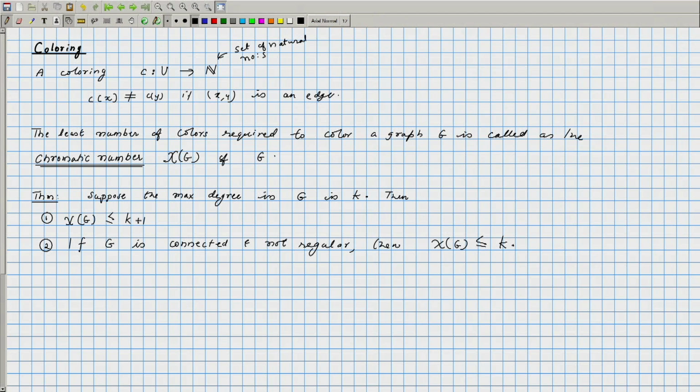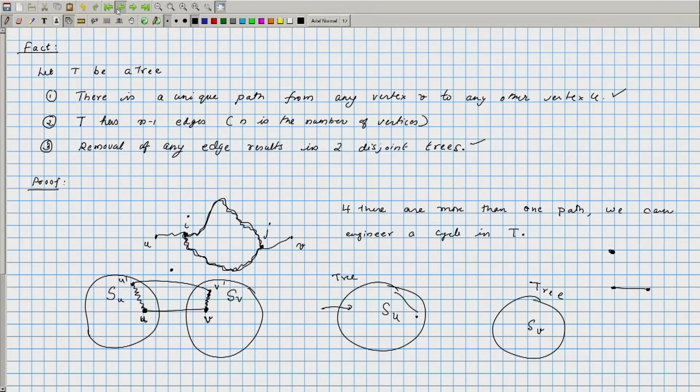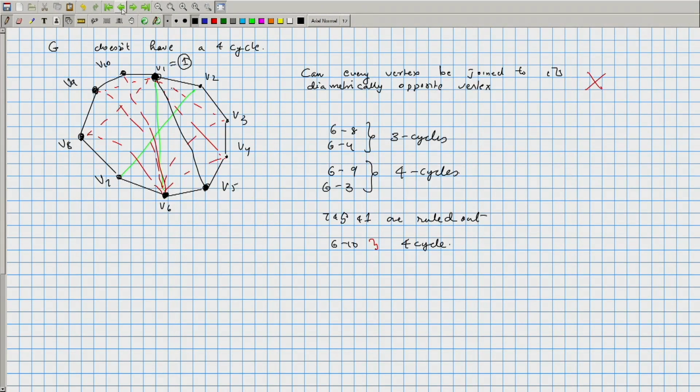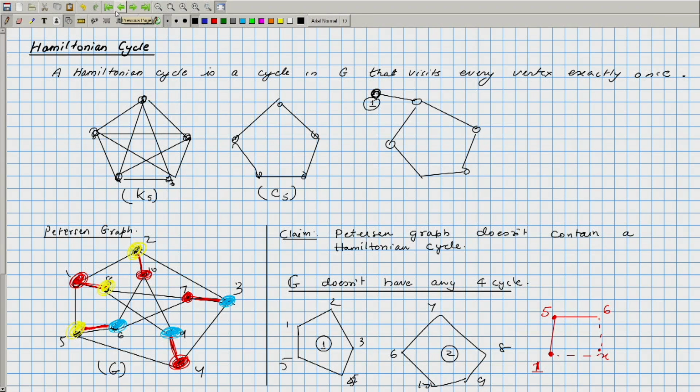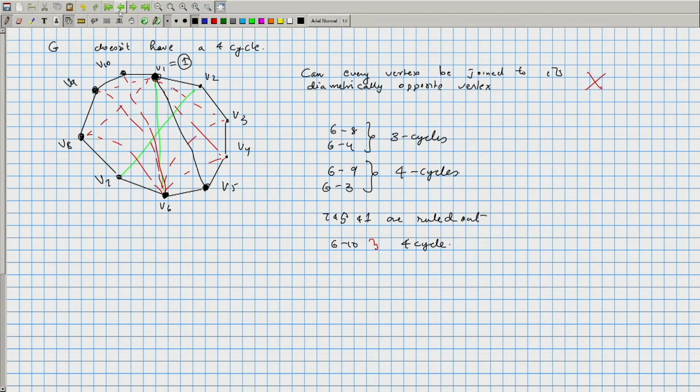Not regular means, so we will first define what regular graphs are. A graph is called regular if every vertex has the same degree. If you look at our Petersen graph, look at every vertex, its degree is exactly 3. So, this is an example of a 3 regular graph. So, if it is not regular, then it will require less than or equal to k.